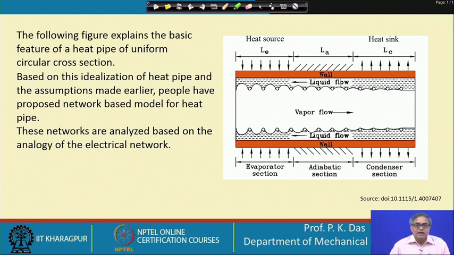So, with the analogy of electrical circuit analysis we can do the analysis of your heat pipe thermal network or heat pipe thermodynamic network. So, let us move to the next slide.